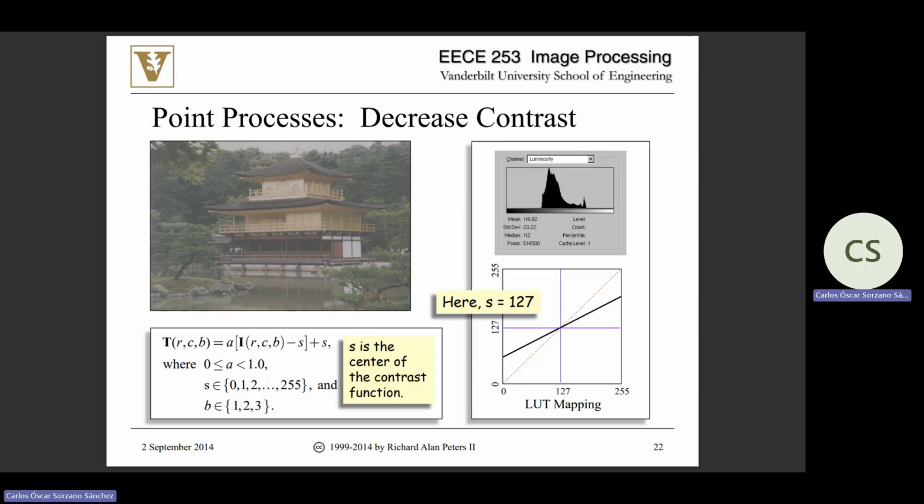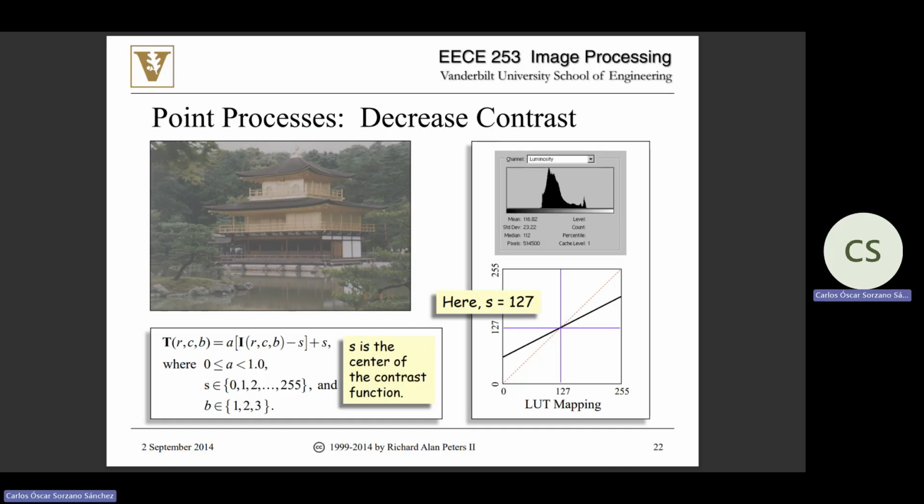That is the characteristic of decreasing contrast. Something is decreasing the contrast if the slope there is smaller than 1. And this is the equation. The equation is nothing really fancy. So you apply a shift, then you multiply by something and you add that shift.